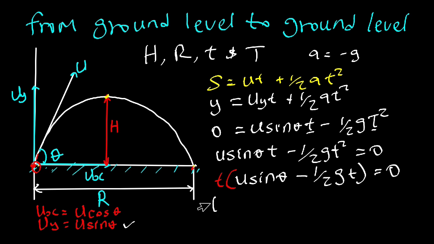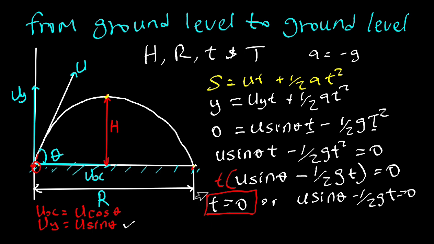So you have that t is equal to 0, or u sine theta minus half gt is equal to 0. Now t equals 0 is at the point of projection. So at this initial stage, the time is equal to 0.